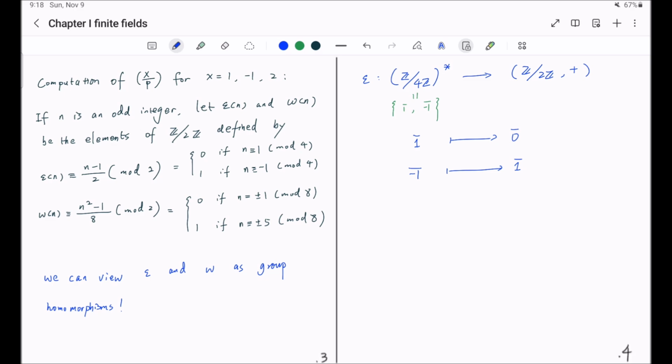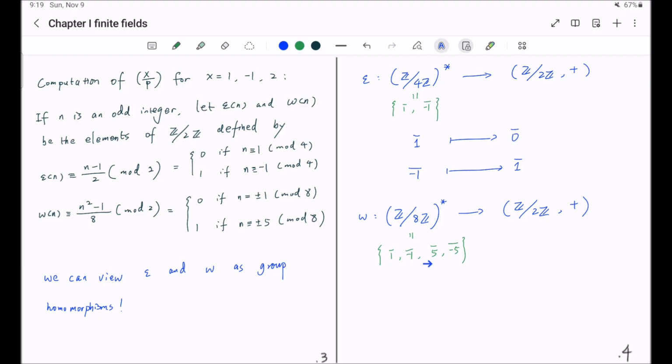And similarly, omega is a group homomorphism from the group of units of Z mod 8Z, still to the additive group Z mod 2Z. This is a group of 4 elements: 1, negative 1, 5, negative 5.